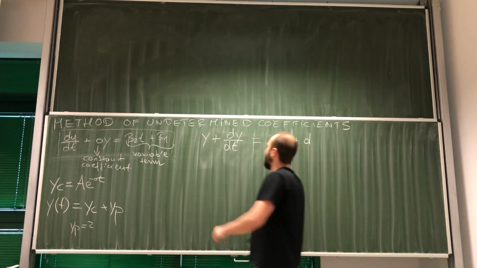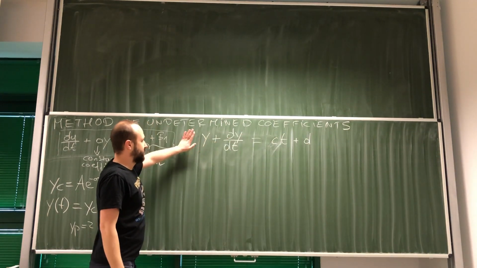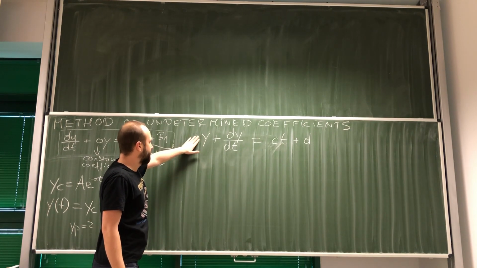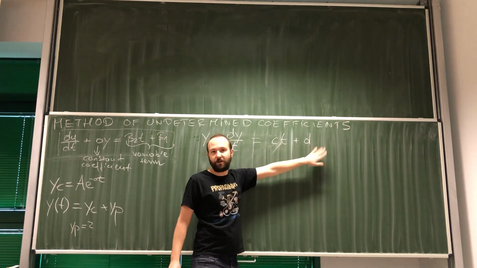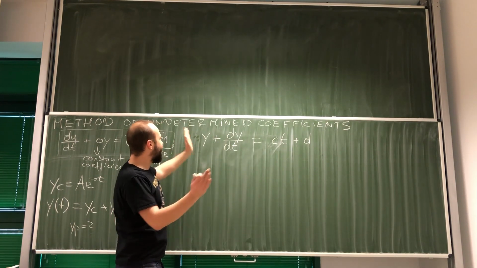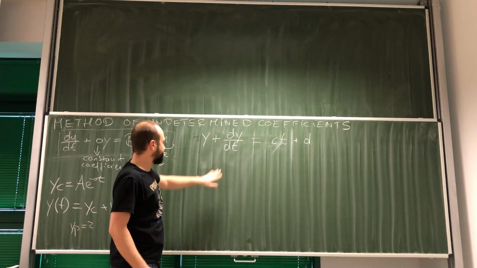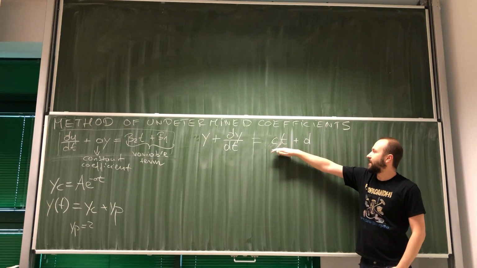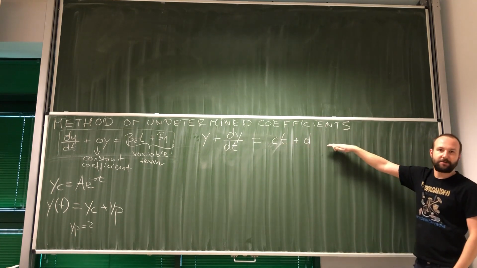Look, this case we can have only in case of a linear function. Why? Because in this particular case, when we differentiate y, we are getting some constant. And if we add them up together, we will have just an expression with ct plus some constant d.